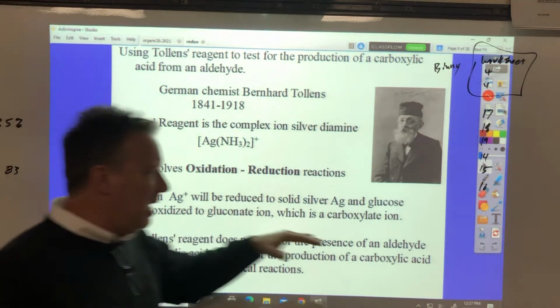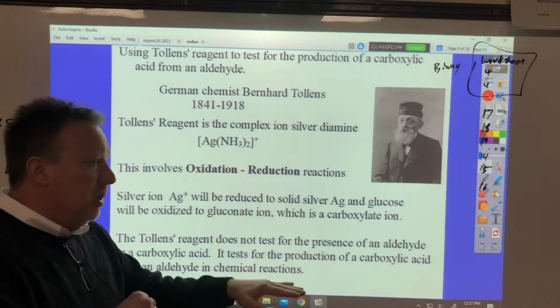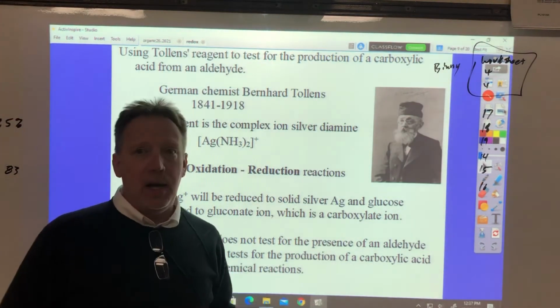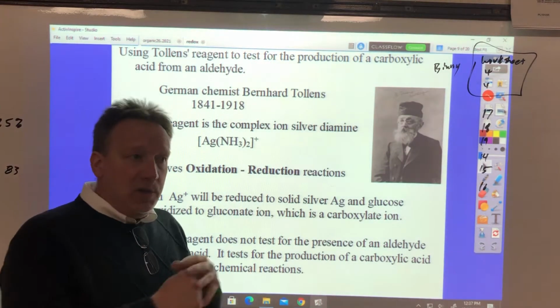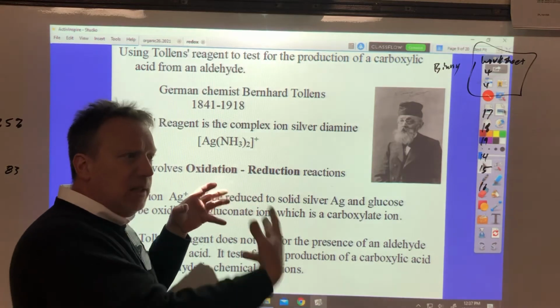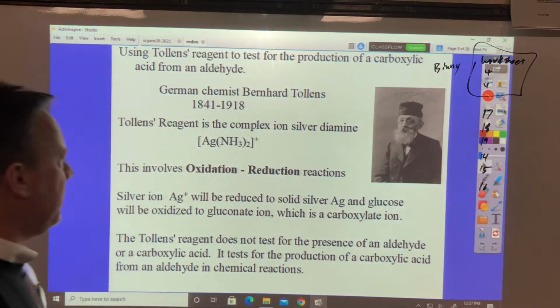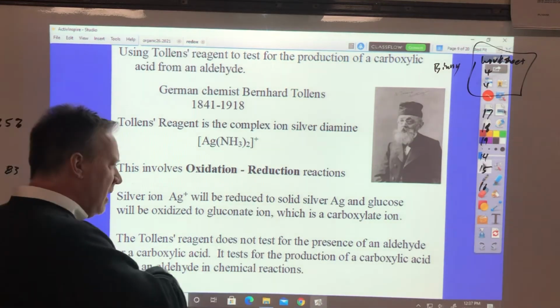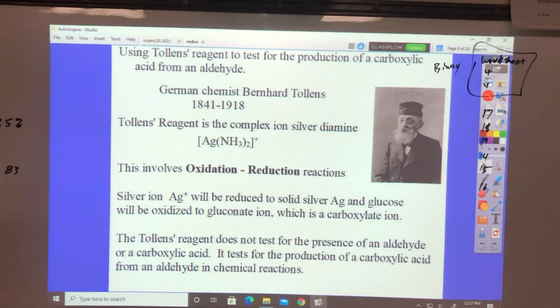It will, however, take an aldehyde and consume it and turn it into a carboxylic acid, in which case you knew you had an aldehyde. And the only way you still have aldehyde is if when you started you took some out and reacted it, and the remainder of it's in the container. So it tests for the production of a carboxylic acid from an aldehyde in chemical reactions.